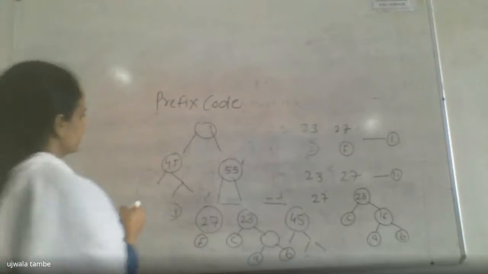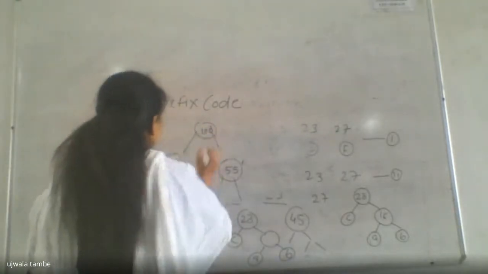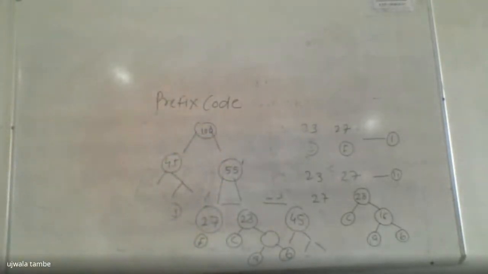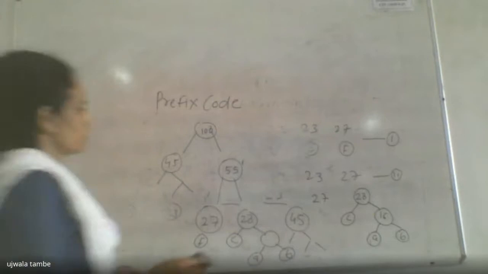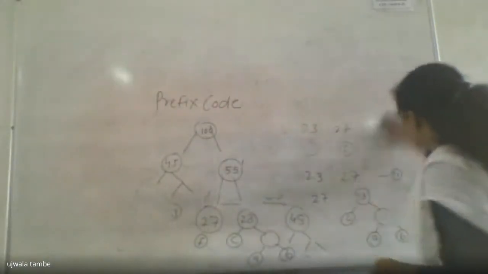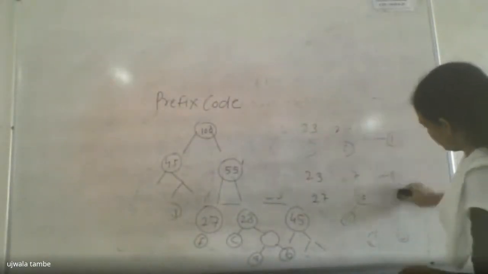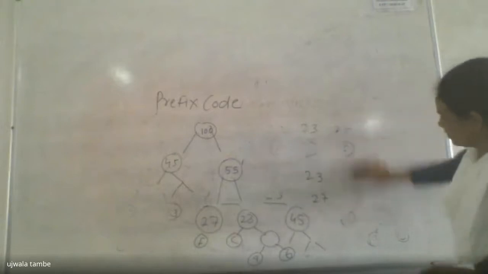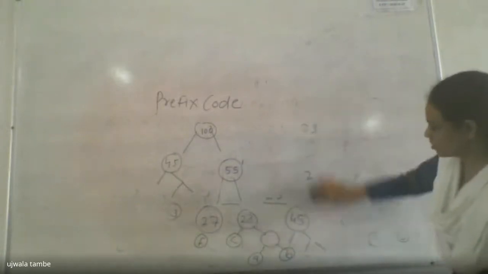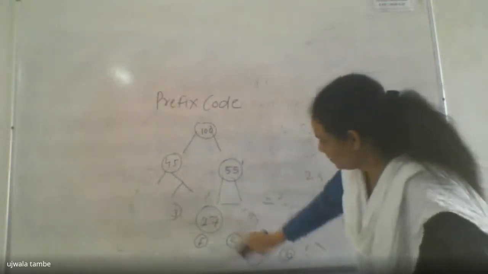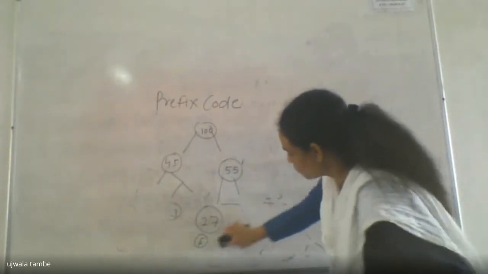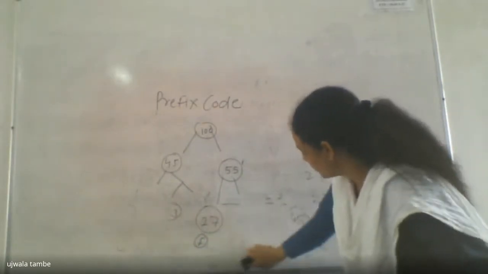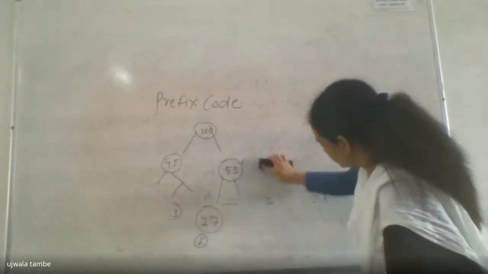That is 100. Please draw the final structure of the tree, everybody, because we have to form the prefix code with the help of these nodes.